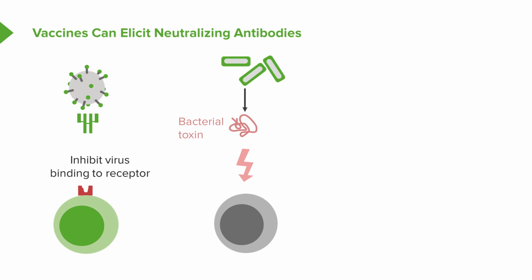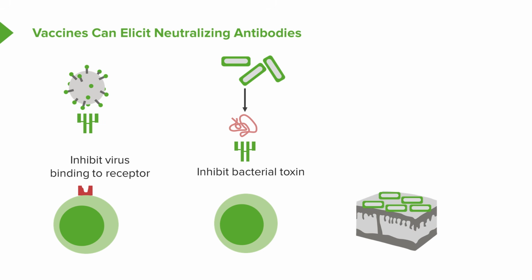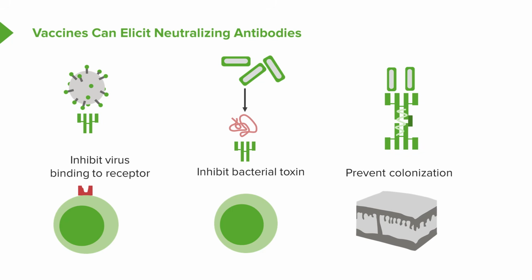These can poison our cells. Antibodies can block the toxic activity of bacterial toxins. Finally, in order to establish an infection, many microorganisms need to colonize surfaces in the body. Antibodies, particularly dimeric secretory IgA, can prevent colonization.